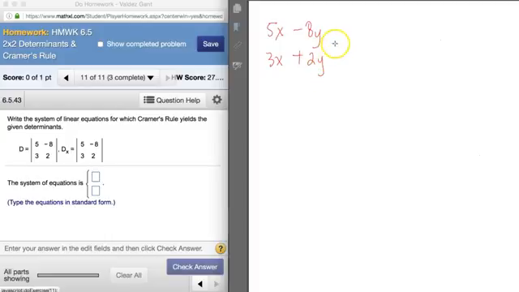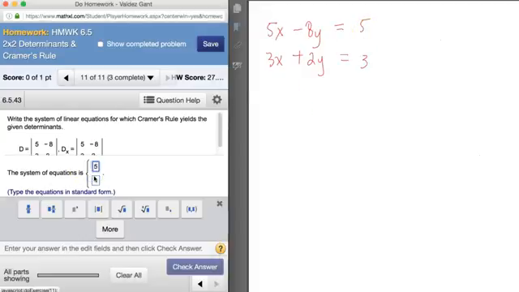We know that. So now we know that since this is the determinant of the coefficient matrix with respect to the x column, then we know that this column was replaced with whatever is on this side here. So this would end up being 5, and that would be 3 there. And so it just so happens that what the coefficients are for the x column and what the coefficients are for the answer column, or the answer matrix, if we wrote it in matrix equation form, would be the same.